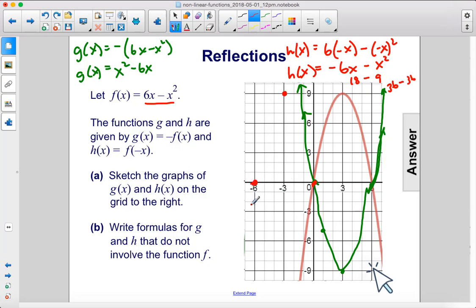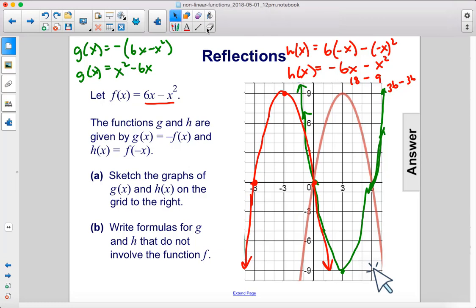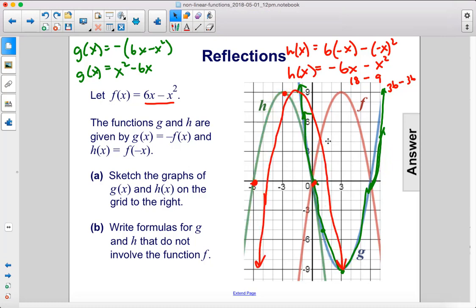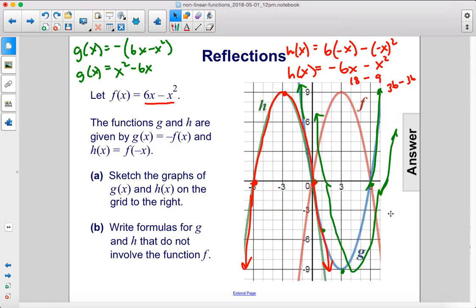So look, we have our parabola right here, like that. Cool. All right, so we're correct there, and we have our g of x underneath there.